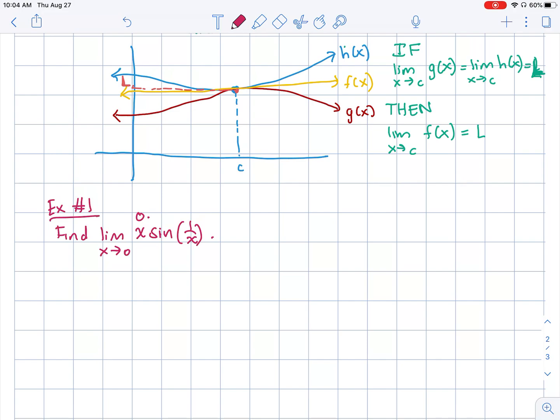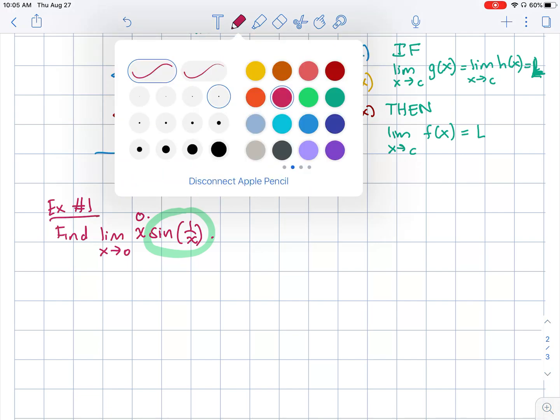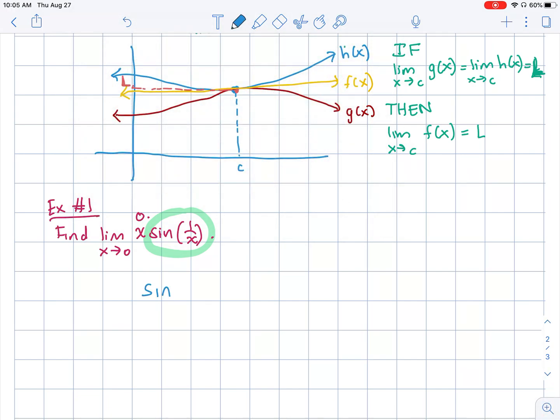Now I want you to think back to pre-calc honors and to algebra 2 trig and think about the amplitude of this part of the function, just the trig function alone. We're going to try to break this down to more familiar functions by first analyzing that sine function. So think of sine of anything, sine of 2x, sine of 5x, sine of 6x.